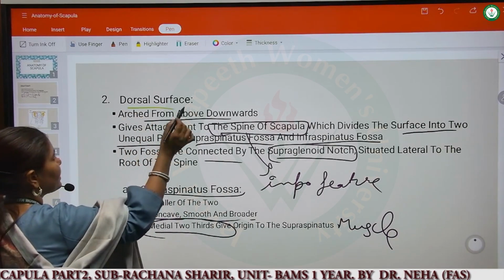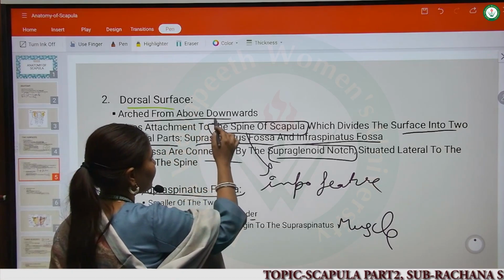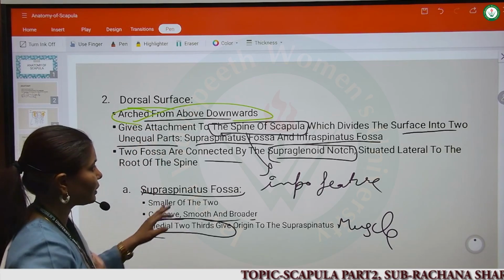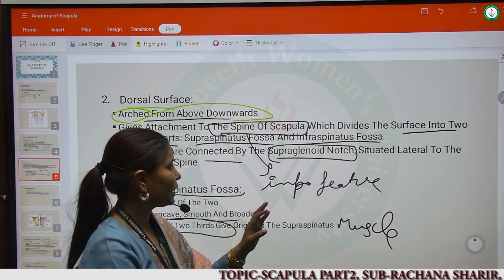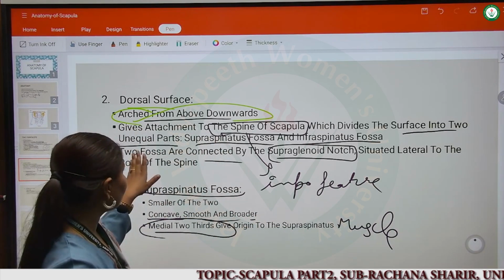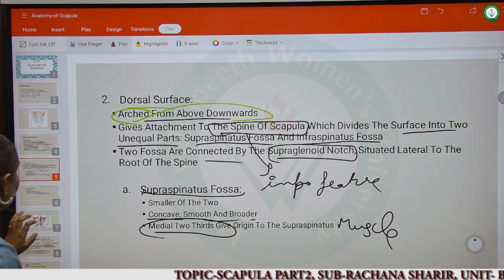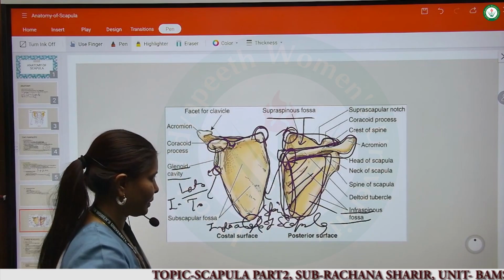Then second surface is the dorsal surface. It is arched from above downwards. It gives attachment to the spine of scapula. So spine of scapula is an important feature of scapula, which divides the dorsal surface into two unequal parts: supraspinatus fossa and infraspinatus fossa.